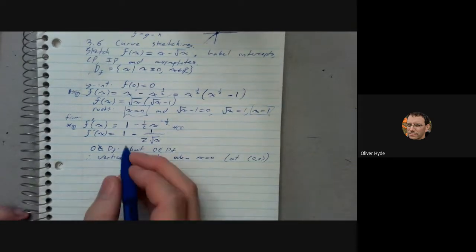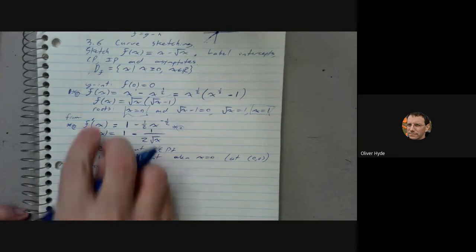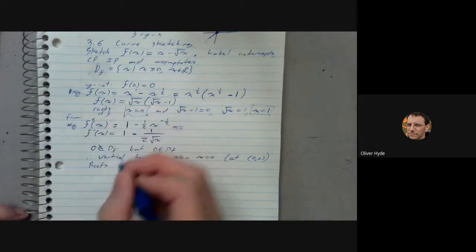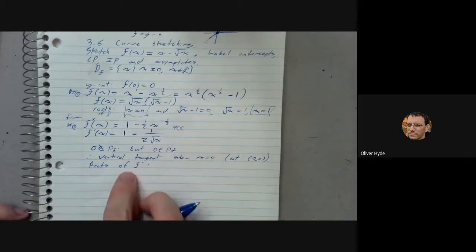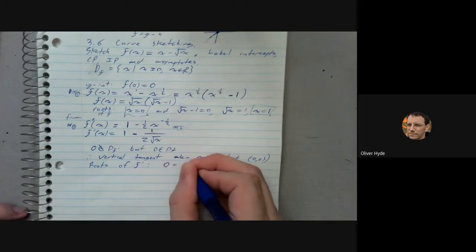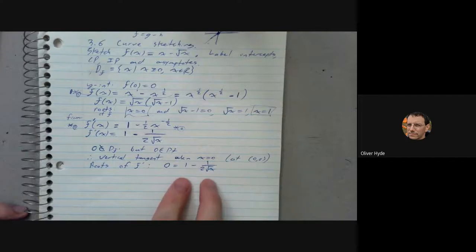Let's look for roots. Not of f anymore, but let's specify these as the roots of f prime. You don't need to say I'm setting f prime of x equal to 0 now. You're saying I'm looking for the roots. Let's solve this equation. And it's not as complicated as it might look.